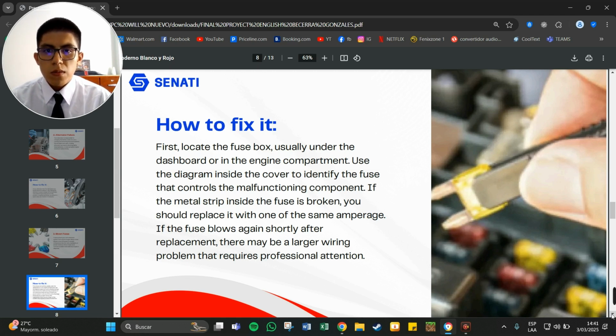If the metal strip inside the fuse is broken, you should replace it with one of the same amperage. If the fuse blows again shortly after replacement, there may be a longer-lasting wiring problem that requires professional attention.